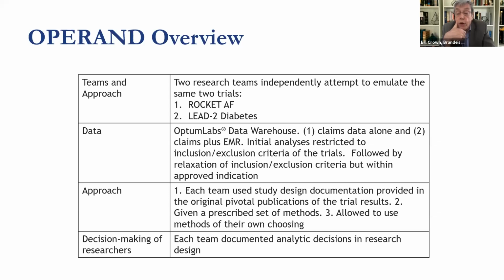They were given a prescribed set of methods. So we asked them to use single equation regression modeling or generalized linear models. We asked them to use propensity score matching. We asked them to use inverse probability weights. And then we also asked them to use research methods of their own choosing in addition to those.